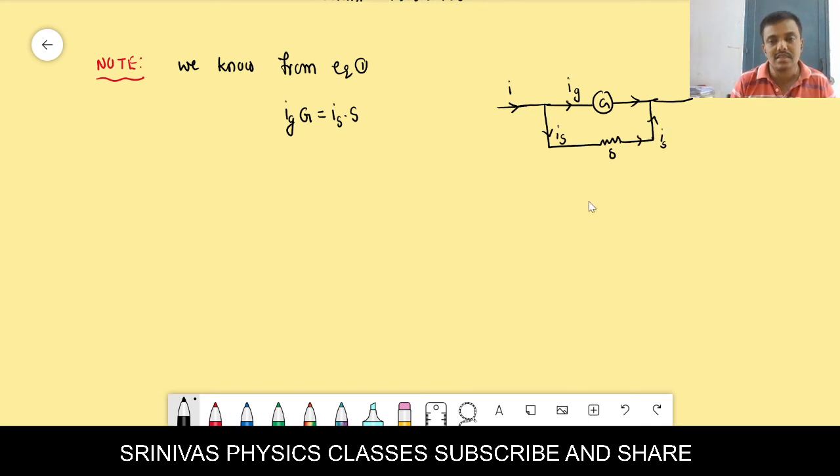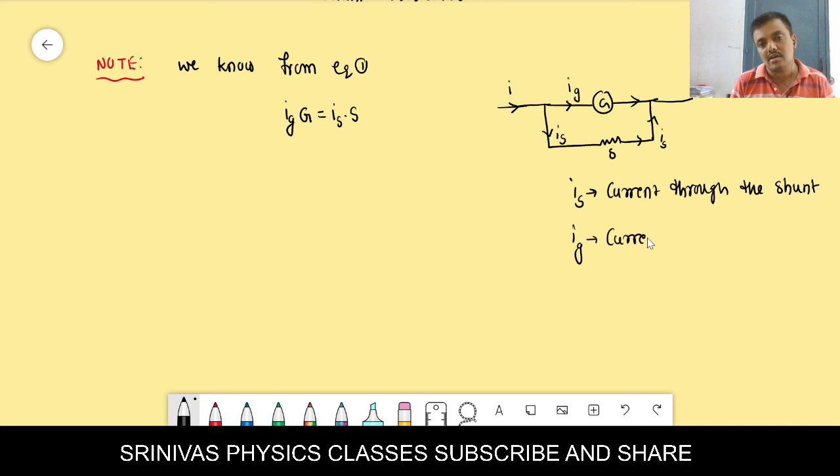I suffix S is the current through the shunt resistance, and I suffix G is the current through the galvanometer.